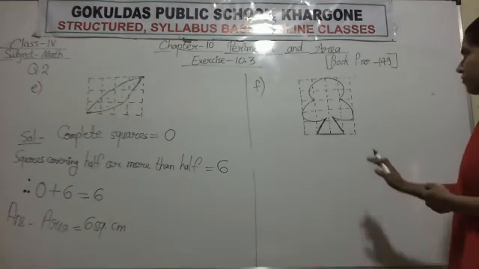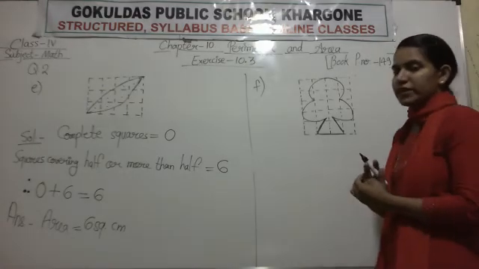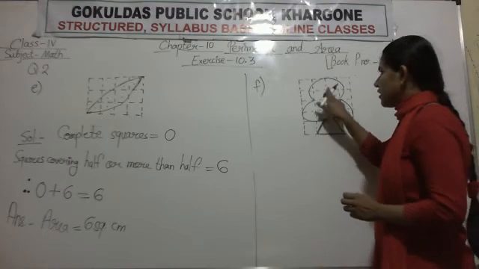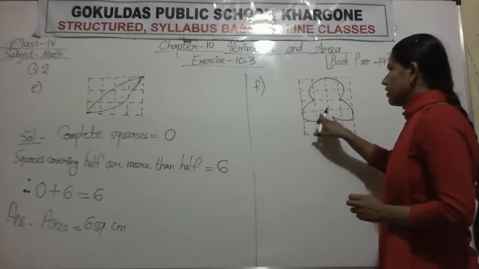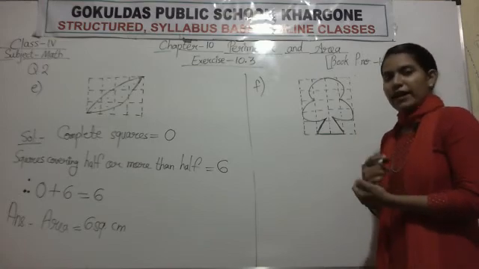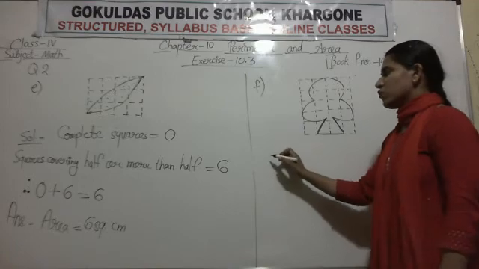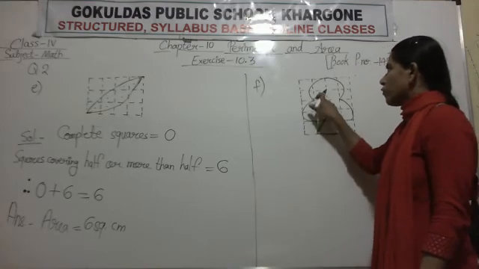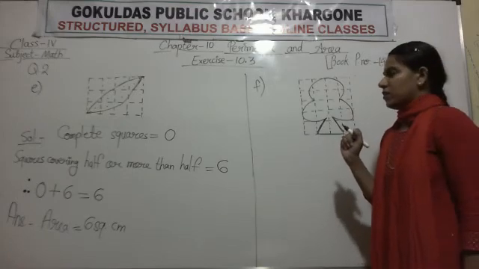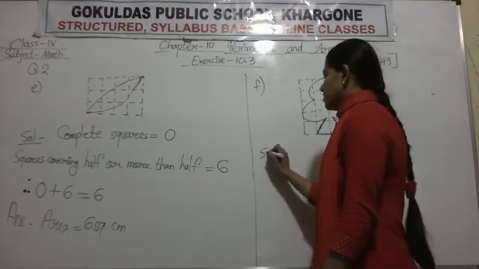Question number F, a figure is given like this, and we want to calculate its area. So what is area? Area means the interior part of the boundary. And how are we calculating area of given shapes? In all questions we are counting the number of squares, and on that basis we are measuring area. So here also we will do the same steps.